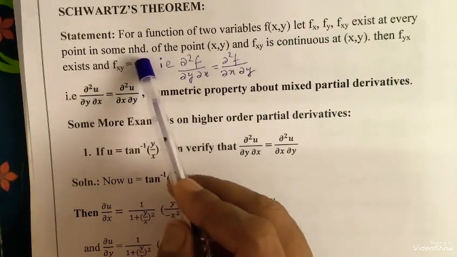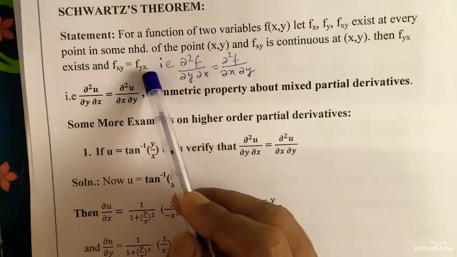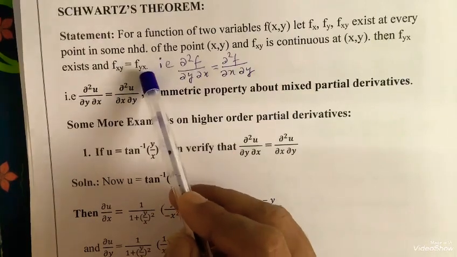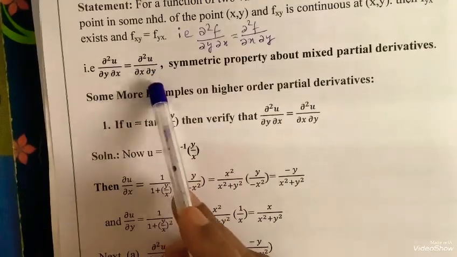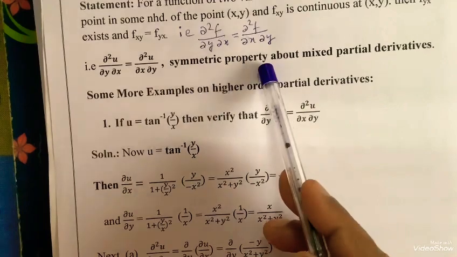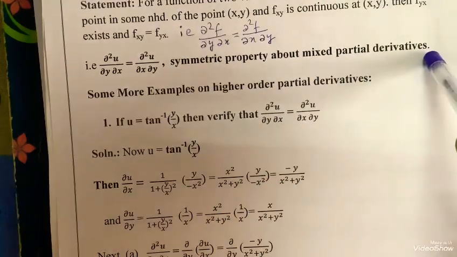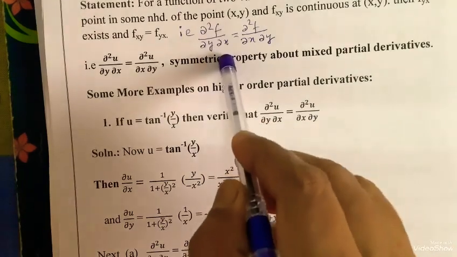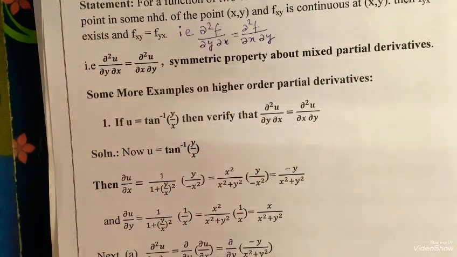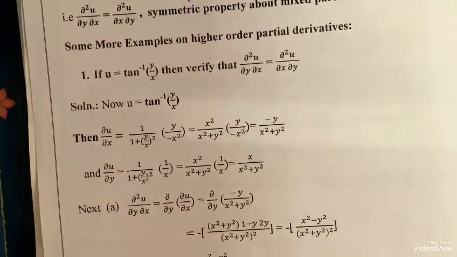So the mixed partial derivative is commutative, that is, dou square u upon dou y dou x is equal to dou square u upon dou x dou y. That is the symmetric property of mixed partial derivatives. Sometimes you may be asked to prove it for an example. Now I will take the next examples.